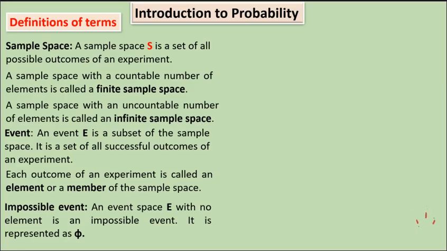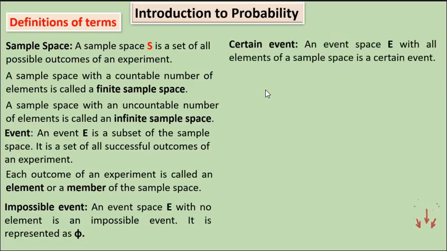For example, what would be the event space to get somebody that has 10 heads? That's an impossibility. For such an impossible event, we normally represent it by the symbol phi, meaning the empty subset.